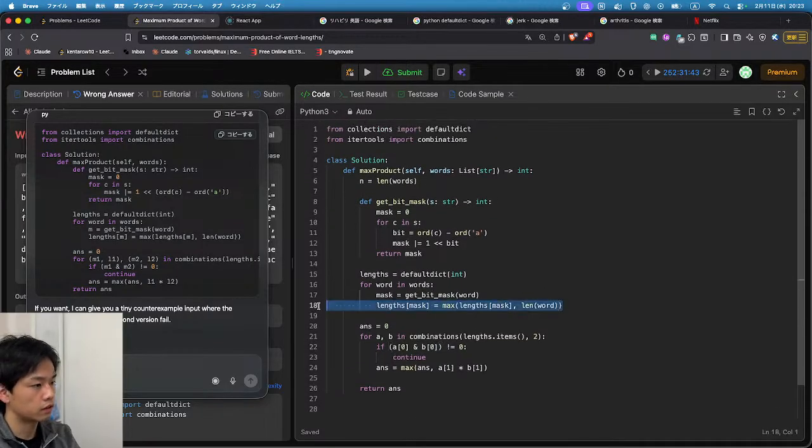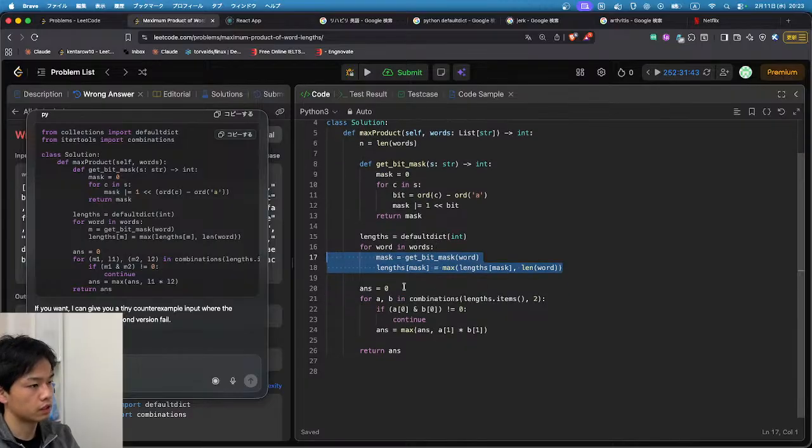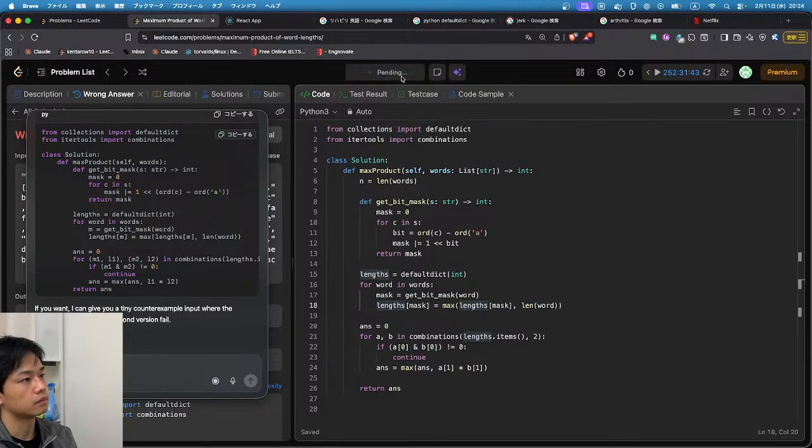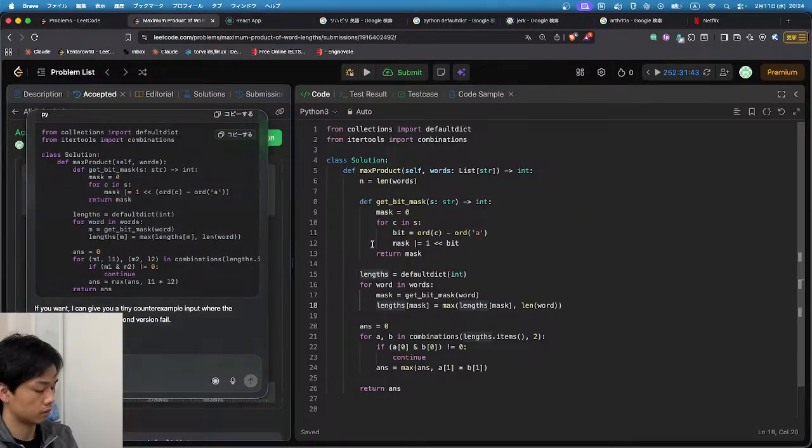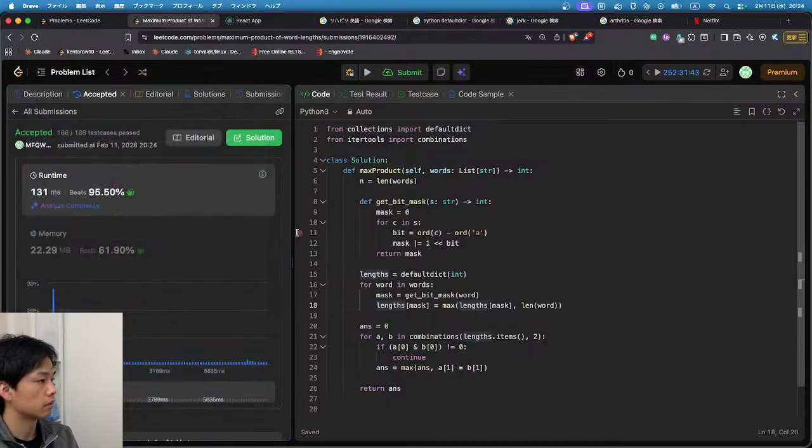The critical part is here. We have to check if its length is the maximum one or not. Great. Beats 95%.